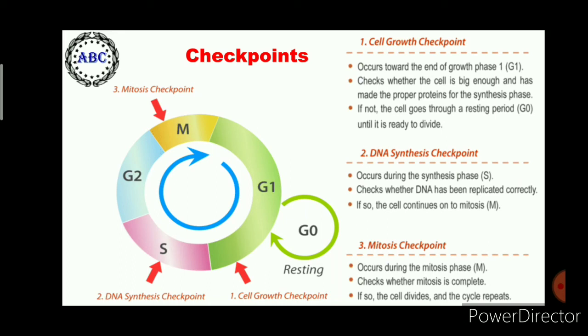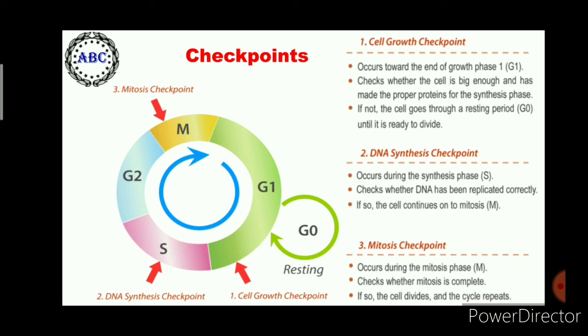The 2 important checkpoints are at G1 and at the end of G2 phase. During G1, a signal is released to enter the replication cycle of S phase, that is the synthesis phase, while at the end of G2 phase, a signal is released to start the nuclear division, that is the dividing phase of mitosis.